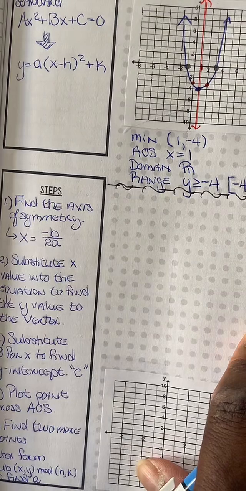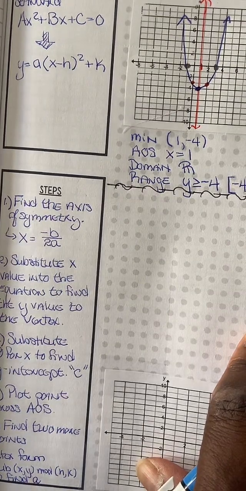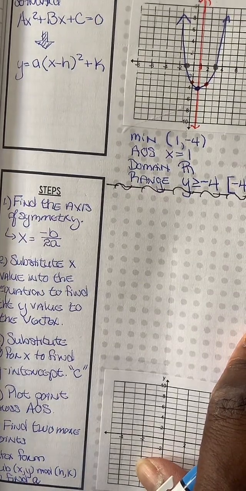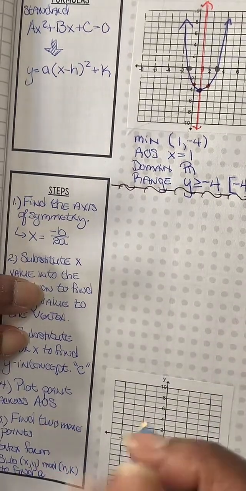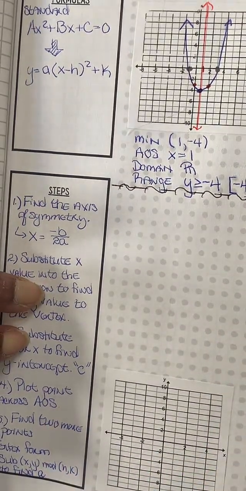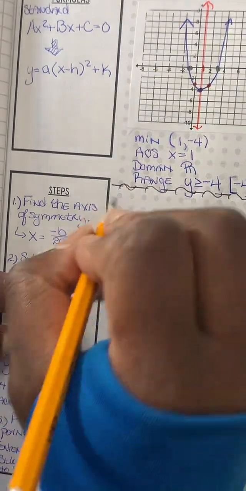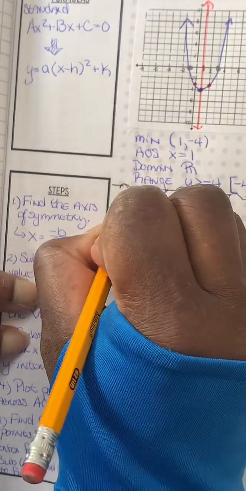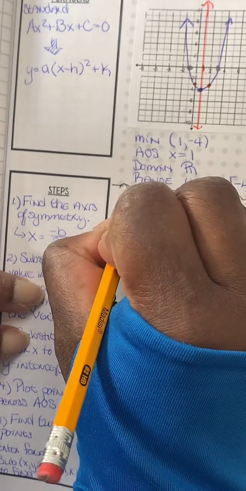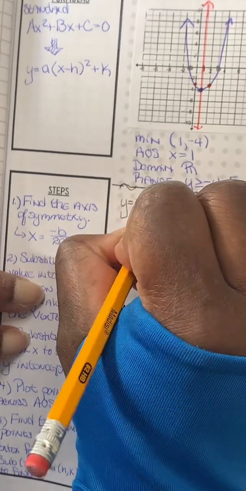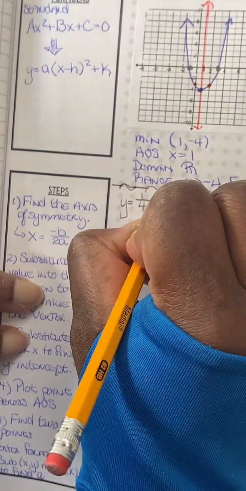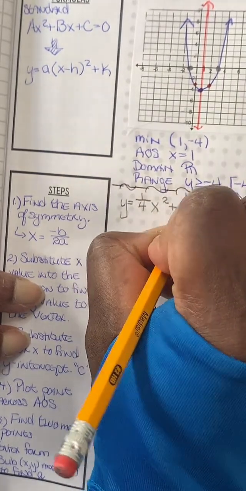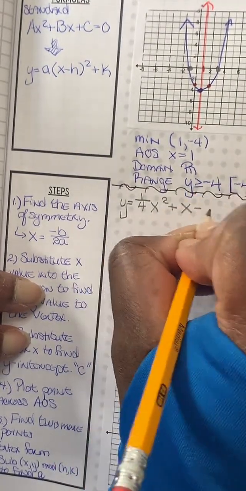All right, so this time I have a 1/4. And of course, we knew I was going to bring a fraction into it, but we need to. So I'm just going to keep it as y equals 1/4 x squared plus x minus 6.